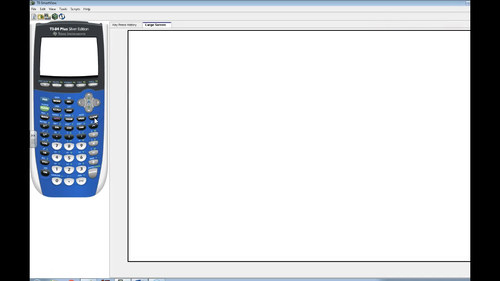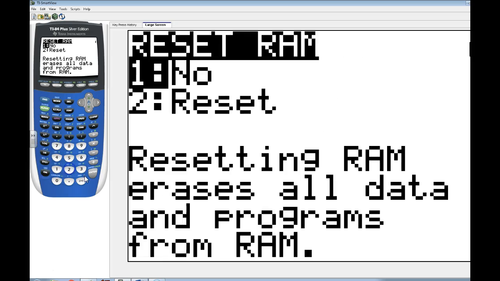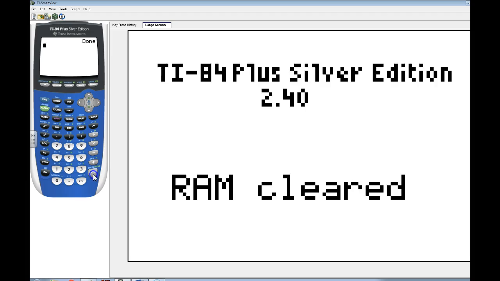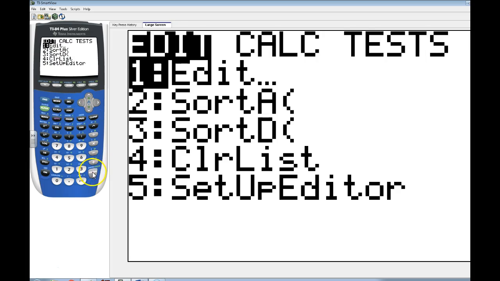Clear this out. And I'm going to go ahead and reset my calculator. Second plus 7, 1, 2. So everything will be neat and tidy like I want it to be. Turn my page to where the data is. Now I have to put the data in the calculator. We go to Stat, and we go to Edit.